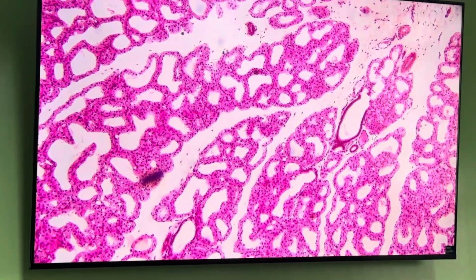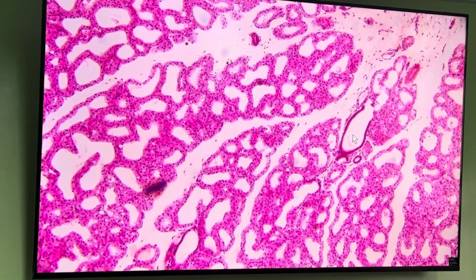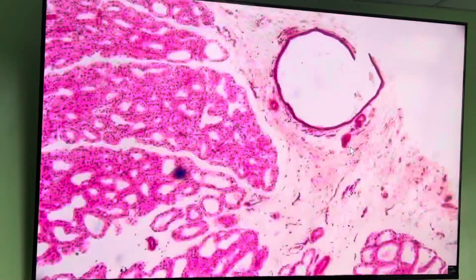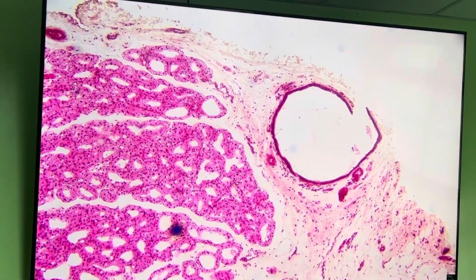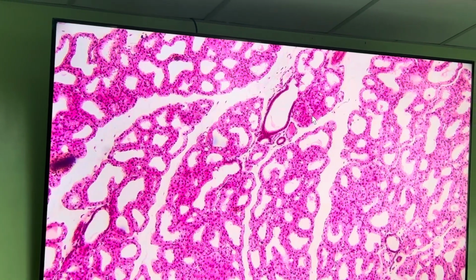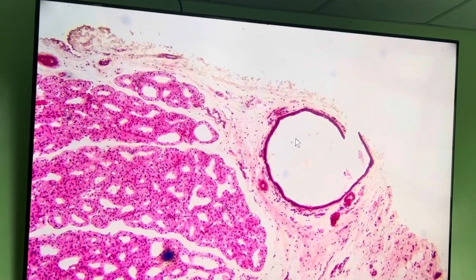You have here some of the intralobular duct. Okay. And this is the interlobular duct. Okay? So intralobular duct, interlobular duct. Okay? Then we go to the cochlea.